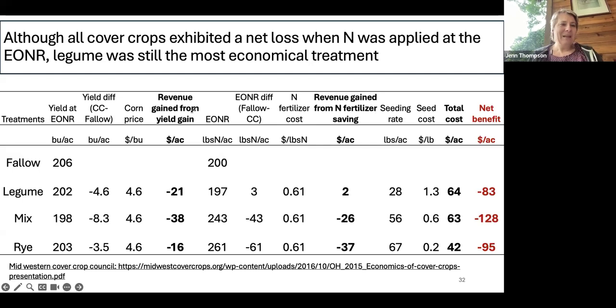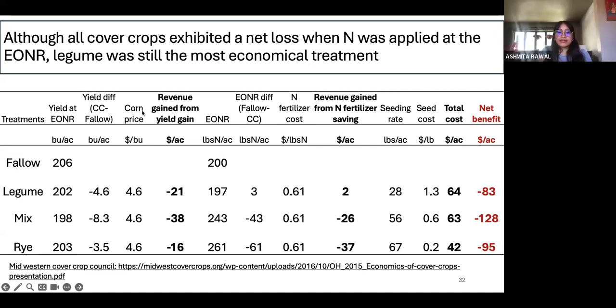So there are a couple of comments and questions in the chat. Michael asks, followed by Dean, how do you measure BNF for legumes? And Dean says, how could you tell that nitrogen came from fixation versus soil? I think I would let Hannah talk about this.